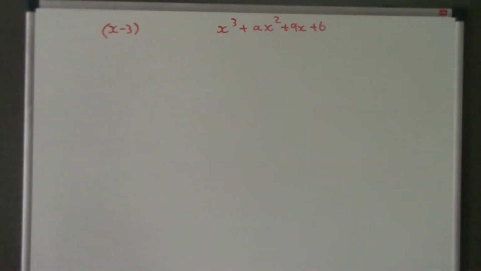Also, when p(x), which is that, is divided by x plus 2, the remainder is 30. Find the values of a and b.